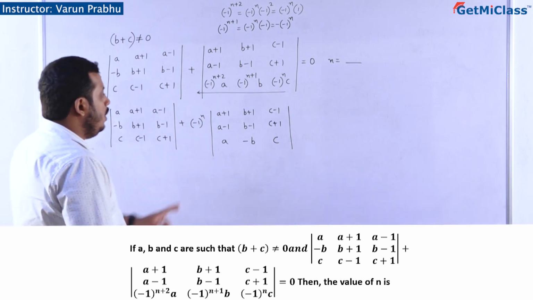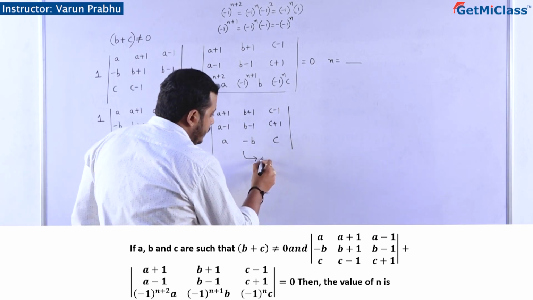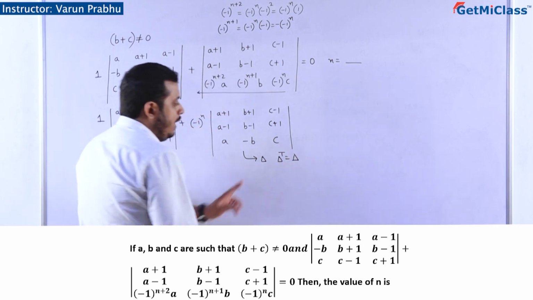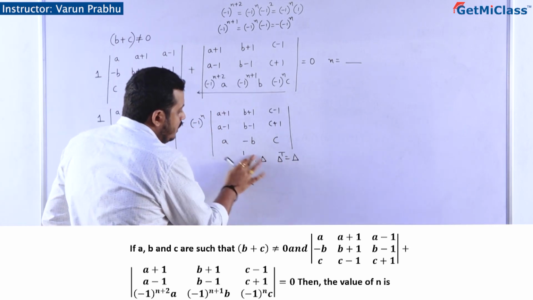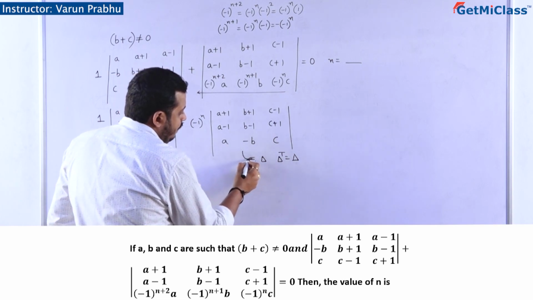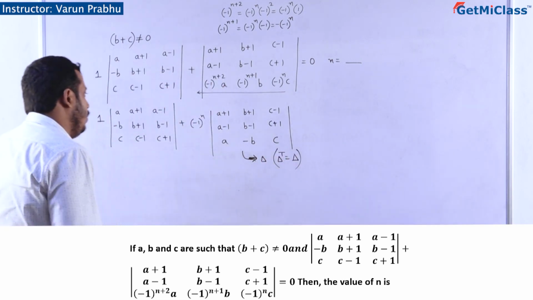Now what we'll do, if you consider this determinant as delta, okay, the transpose of this delta is also equal to delta only, right? We know that the transpose of a determinant is equal to the same determinant, delta.